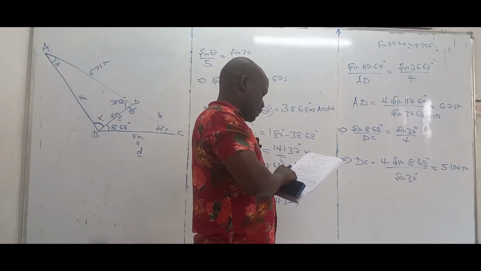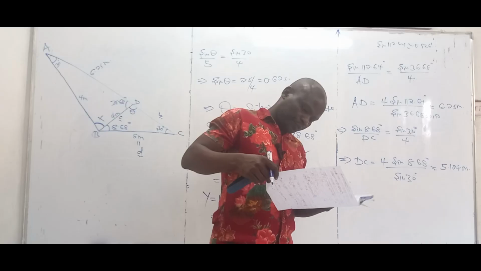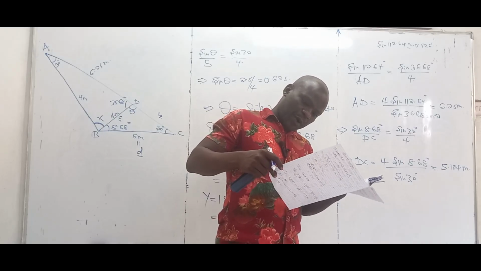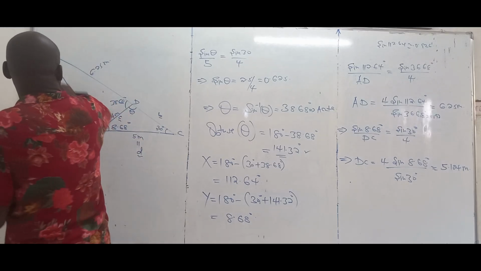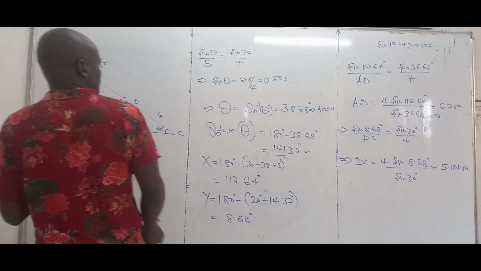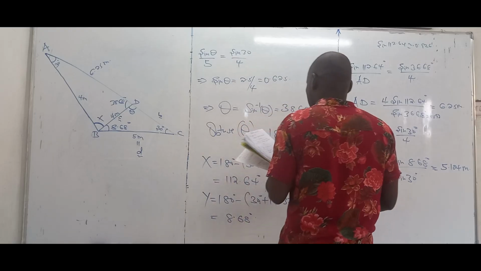Next, what are we asked? The area of the flower garden ABC. Now we want the area of ABC, the flower garden as a whole.